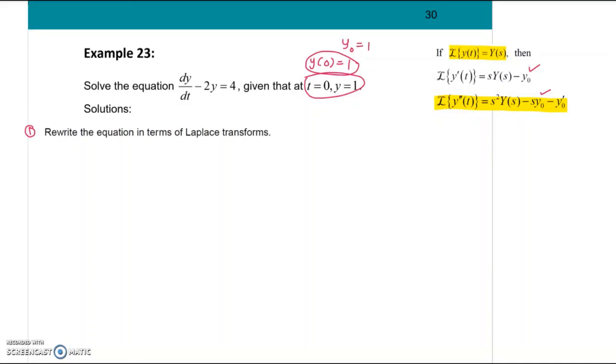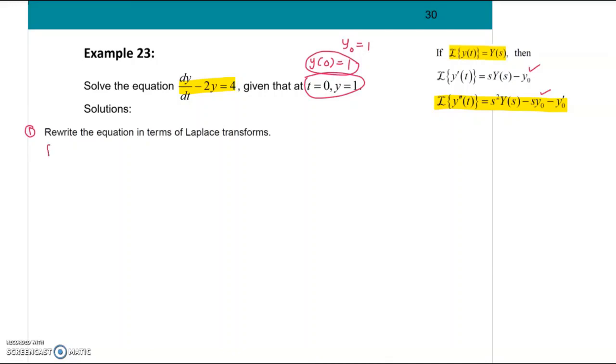All right, so the first step in solving the IVP by the Laplace transform is to rewrite the equation in terms of Laplace transform. So this is the equation, dy/dt minus 2y equals 4. We are going to take the Laplace to every term in the equation.